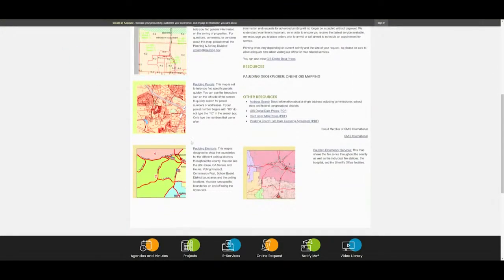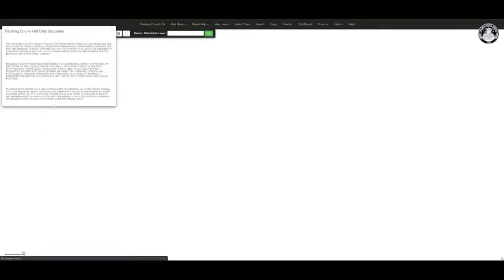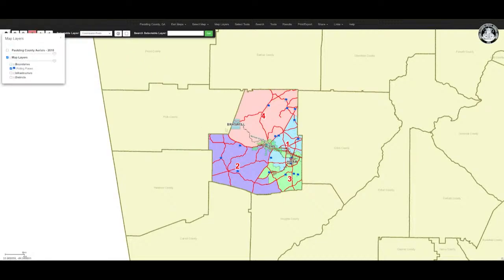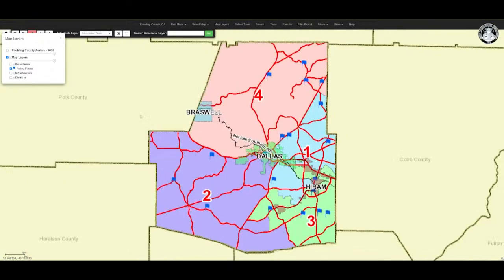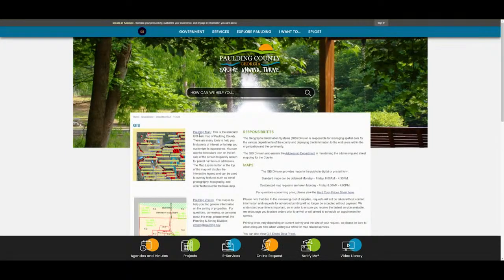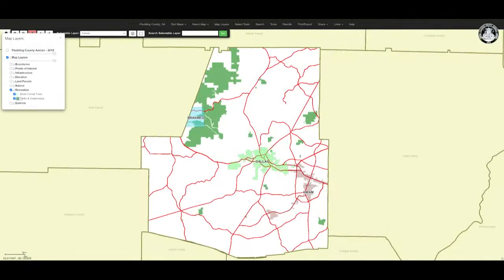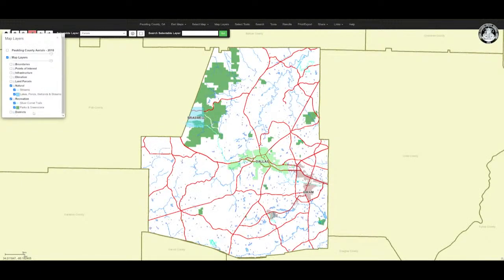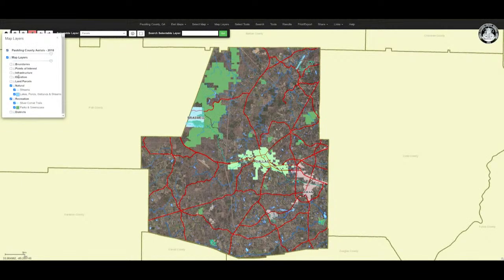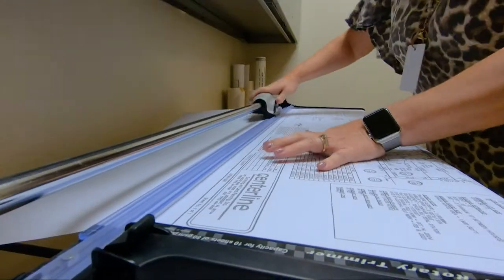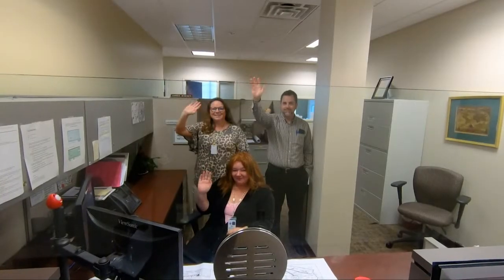For example, we have the Paulding Elections map designed to show the boundaries for the different political districts and polling locations throughout the county. Another is the Paulding map that is customizable to show things such as parks, lakes and streams, aerial photography, and more. Paulding County GIS is a vital resource for county operations and is a great tool for citizens.